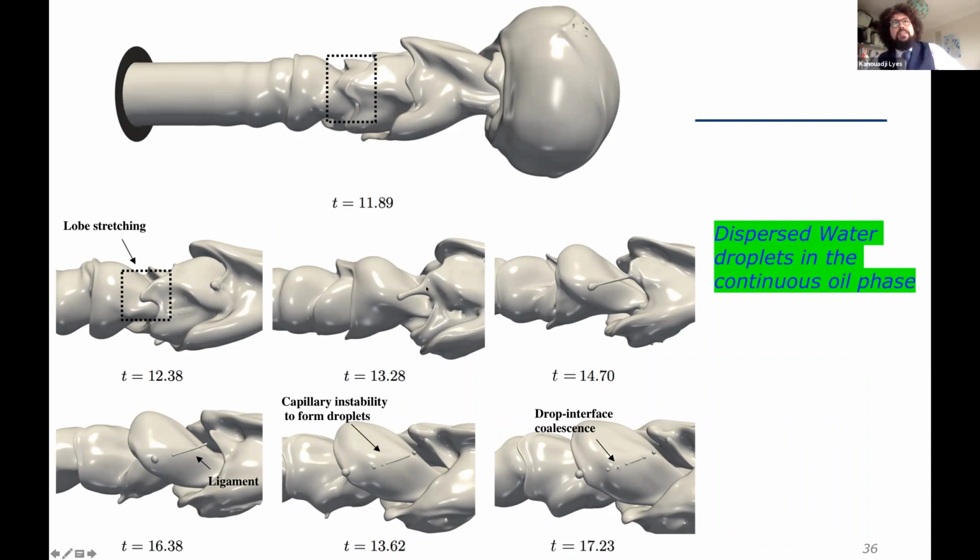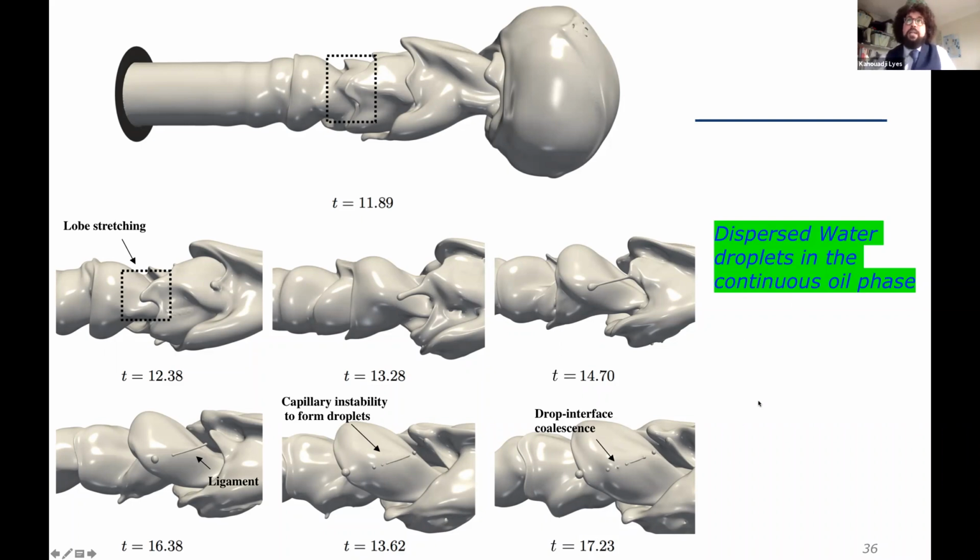You have the formation of the lobe, and then it will stretch and become a ligament, pinch off, and then you have just a dispersed ligament, and this ligament will retract and give rise to a lot of droplets. Here, this ligament is a dispersed water droplet in the continuous oil phase.